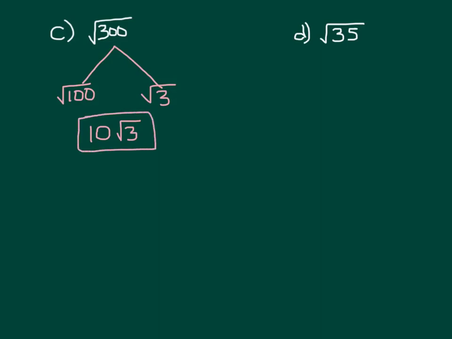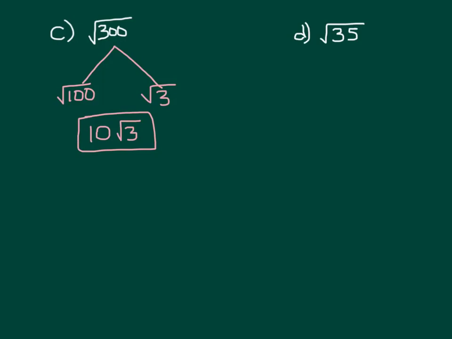Okay, so C is the square root of 300. I can break that up into 100 times 3. The square root of 100 is 10, and 3 does not have any perfect square factors, so the square root of 300 is 10 times the square root of 3.